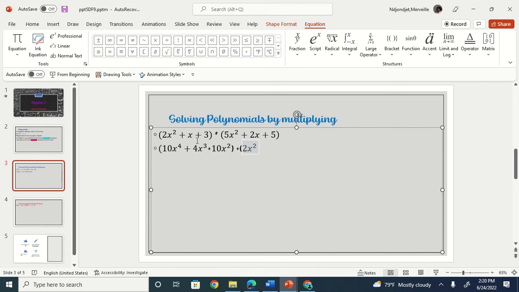Just to not be confused, x times 5x squared will be 5x cubed. x times 2x would be 2x squared. And x times 5 would be 5x.